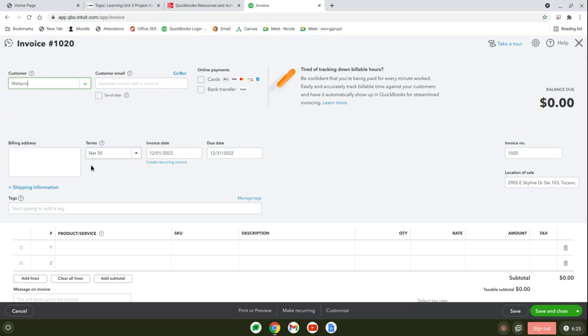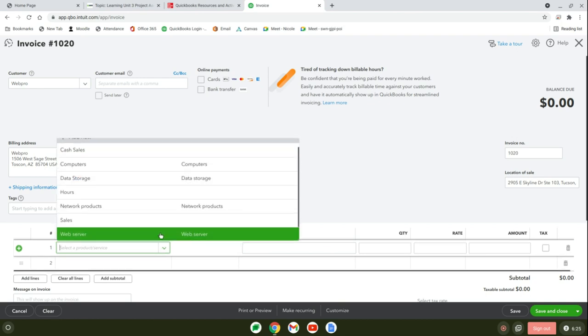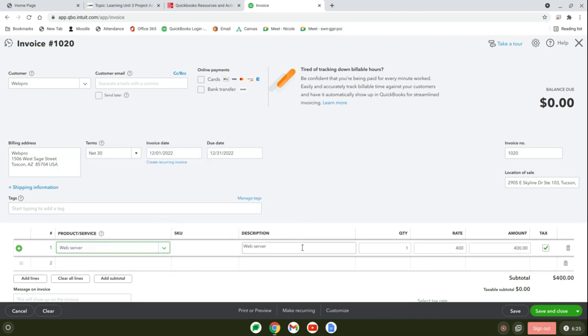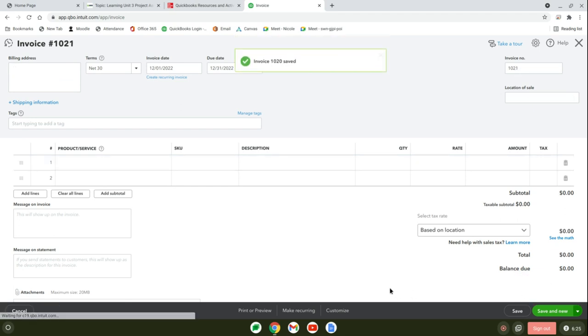We have the same date. We're going to select web server. And it's one of them, so I'm scrolling, and it says 424.40. Save and new, because the next one is sold 6 data storage to Main Office Depot.